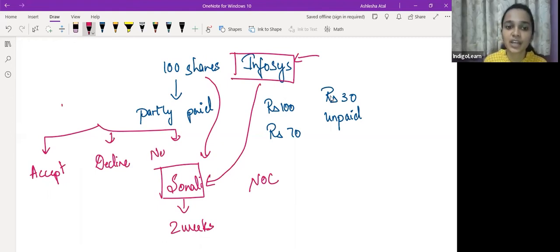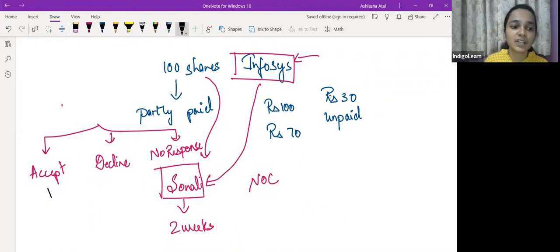No response at all. After 2 weeks or within those 2 weeks, there could be 3 situations which may arise. One is the transferee would accept that yes, the transfer is a valid transfer. Second is the transferee would decline. And the third situation could be जब transferee कुछ respond ही नहीं करता तब फिर क्या?